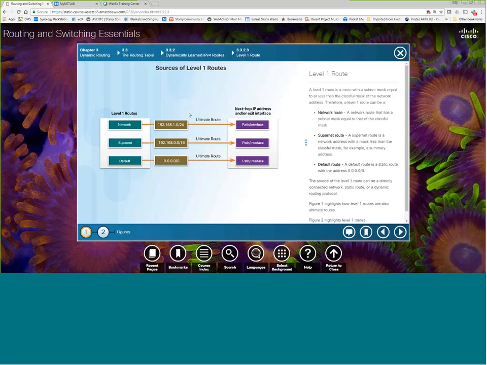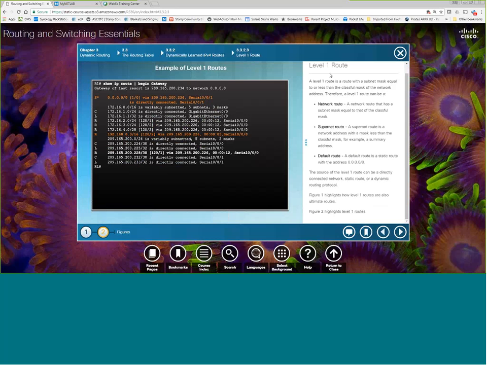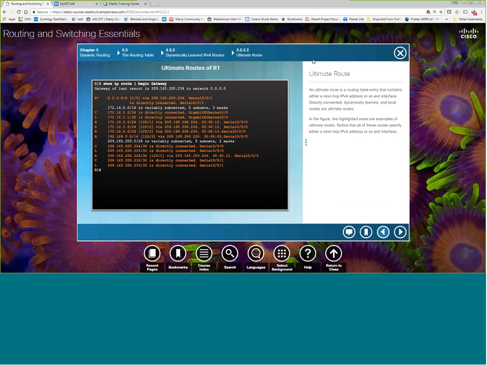There can be level 1 ultimate routes, and that is a level 1 route that has a next hop or exit interface. Okay, so there are level 1 routes that can be ultimate routes. There can also be level 1 routes that are not ultimate routes, that are parent routes. We'll talk about those in a second. So you've got an ultimate route, which has a next hop IP or outgoing interface.